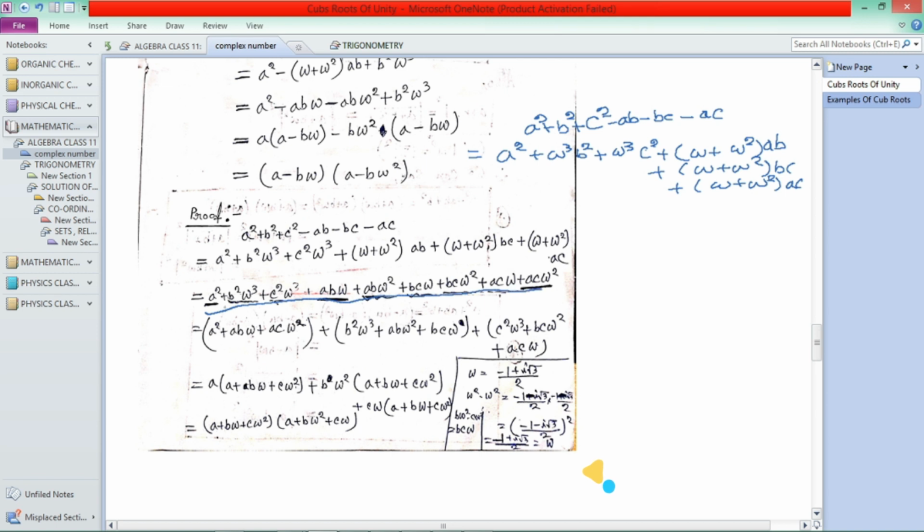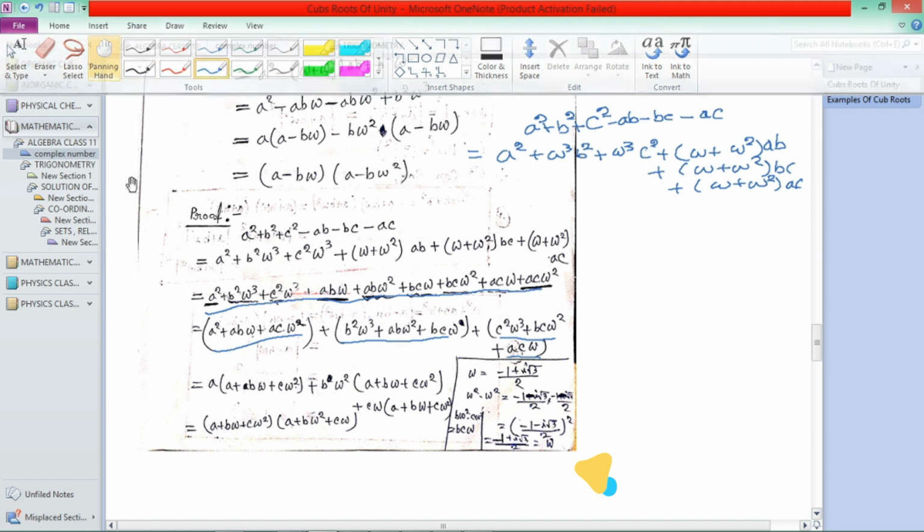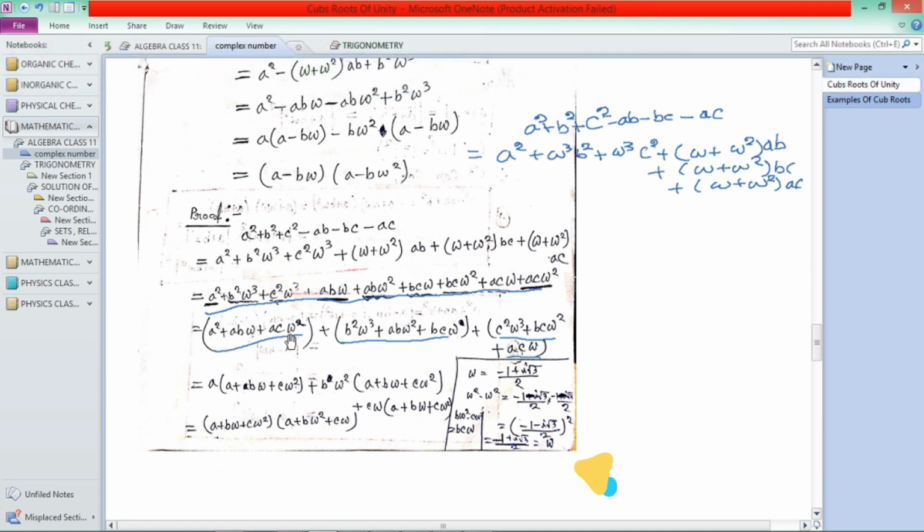And I separate these terms: a square plus ab omega plus ac omega square.